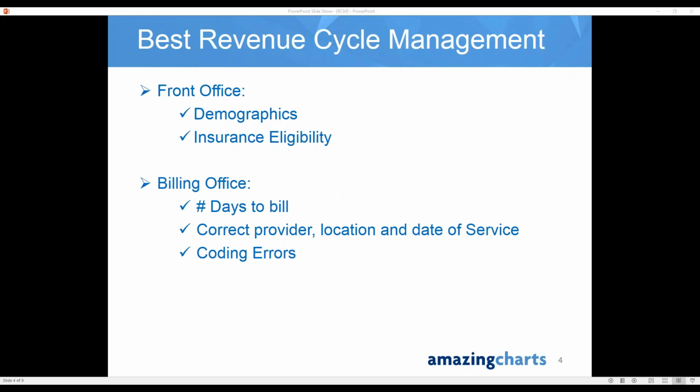I just read recently, I think it was on the MGMA site, that for any claim that is over 120 days, basically the practice can plan on recouping 10 cents for every dollar.